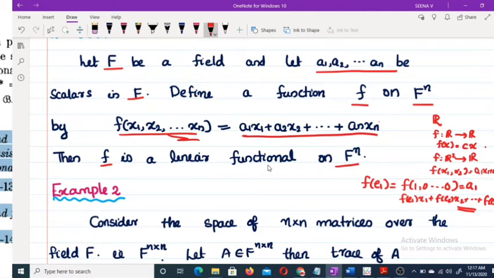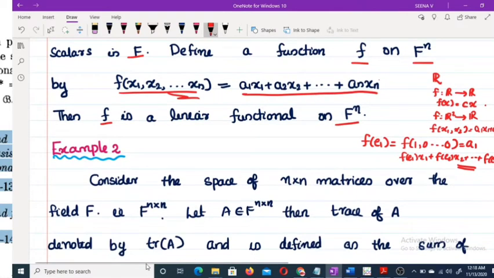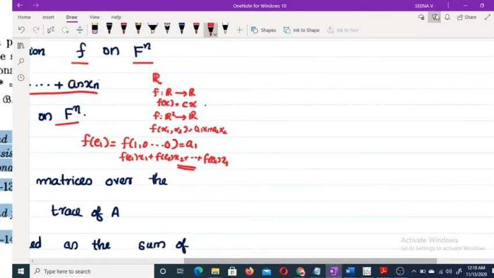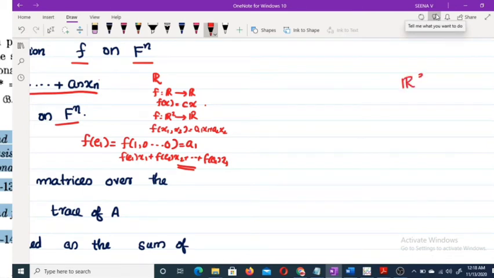Now every linear functional on Fn must be of this form. You must note this: every linear functional on Fn must be of the form f of (x1, x2, etc., xn) equals a1 x1 plus etc. plus an xn. Suppose you are asked a question like this: write any linear functional on R3.